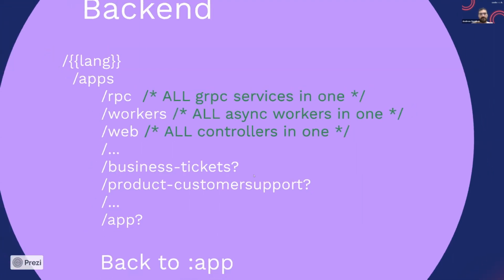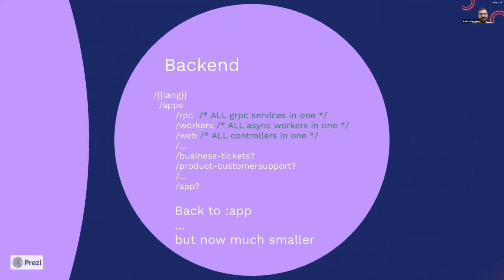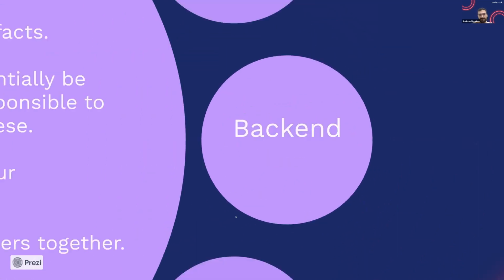So in the end, you might still have a basic general app in your environment, but now this app directory has to deal with a lot fewer things. It's pretty clear that it only needs to wire things together and configure them for the appropriate environment, and it doesn't have to deal with the entire logic of the entire system.